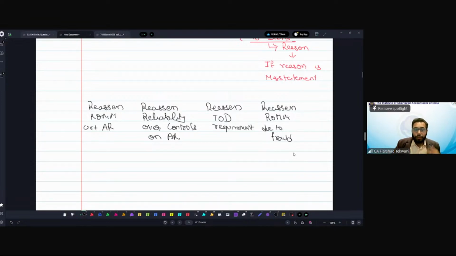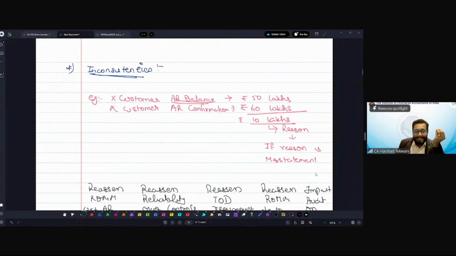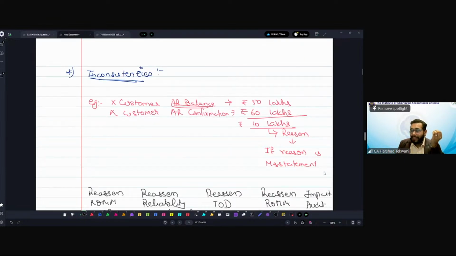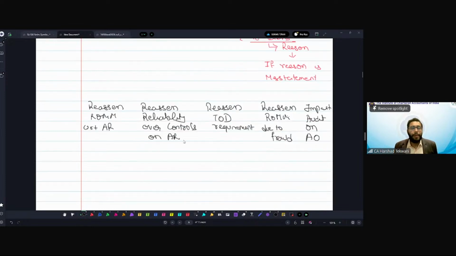And then your audit opinion. You need to reassess the impact on audit opinion. So whenever there is an inconsistency, or you have a doubt over the reliability of the information, determine the modifications or the additions that you need to make to the audit procedures, including your risk assessment, including your control testing, including TOD requirement, to resolve the matter.